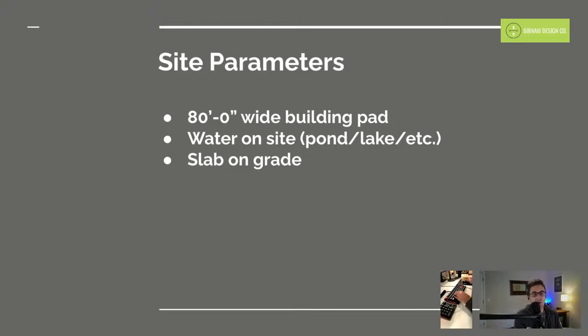Two, I'm going to assume there's water on site. This is a pond lot, lake lot. They've got a pool out the back, something like that, because I want to show you how to incorporate some of those elements into the plan. Three, slab on grade. We're not going to do slab on grade, actually. I changed my mind. We're going to do a basement plan, show some stairs, probably a story and a half.